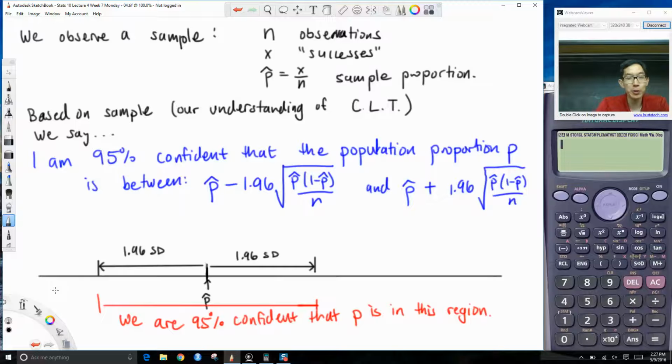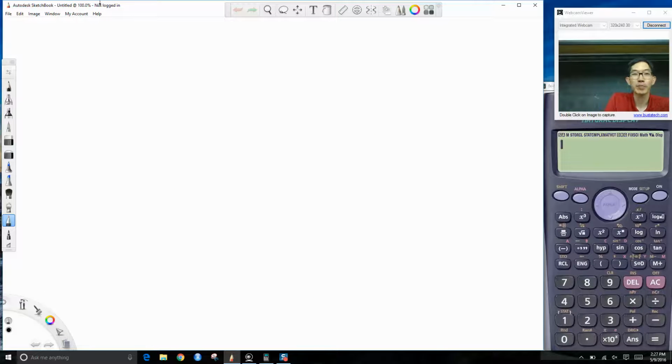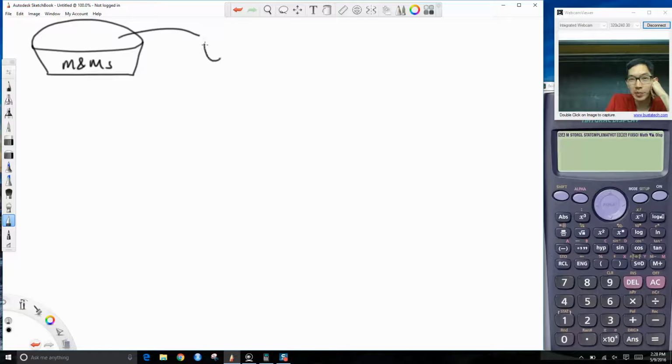Okay, so let's try this out. We'll go back to the M&M situation here. So we've got M&Ms in the tub. We drew a sample of M&Ms out of here, and our sample has n equal to 200, x equal to 36. So we have p hat equal to 0.18.